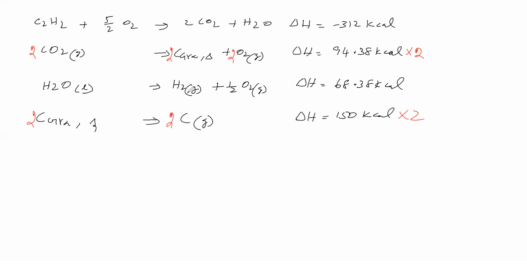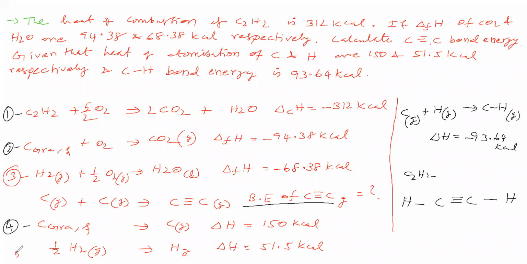Then here hydrogen molecules are present. If hydrogen atoms in gaseous state are present, we can find the bond energy easily, because bond energy requires gaseous atoms. So we will make this hydrogen molecule into gaseous hydrogen atoms, for which let us take the fifth equation.